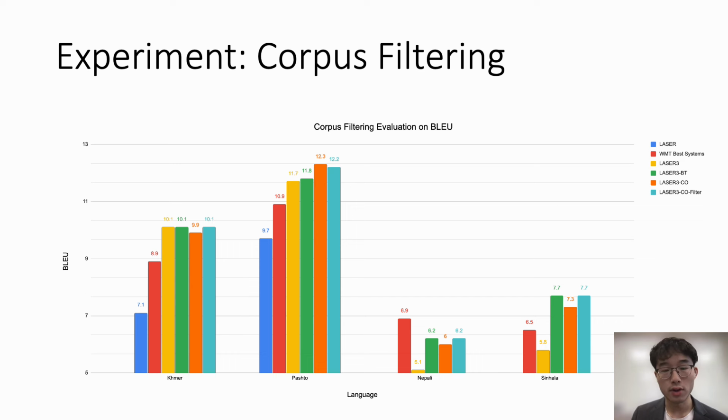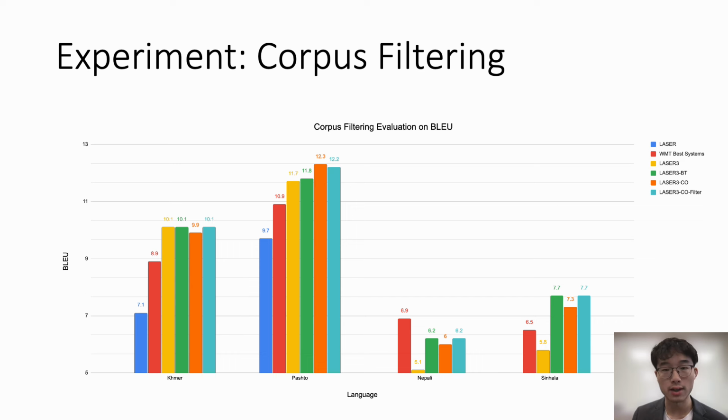One of the strong baseline systems we use is the WMT-based system, shown in red, because this corpus filtering dataset is actually a shared task from previous WMT competitions, and those WMT-based systems are the winners of the previous years' systems working on this task.